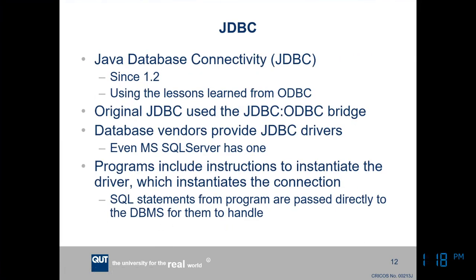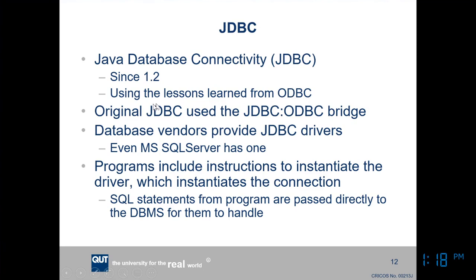So ever since Java 1.2, Java has had the Java Database Connectivity API, using some of the lessons learned from ODBC. It was based on being an improved version of ODBC, as well as being something specific to Java.